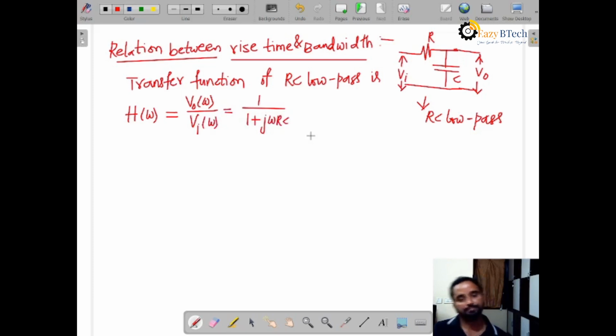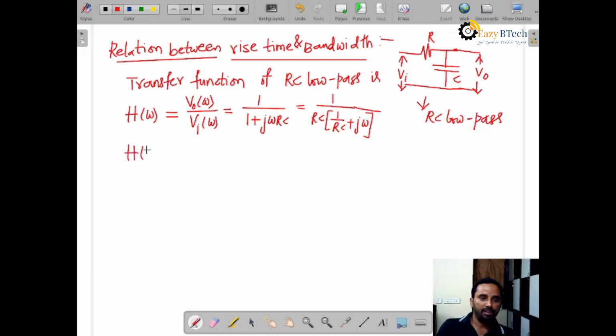This we have seen in the previous session, so I am writing it directly. Taking RC common in the denominator, we get 1 by RC times 1 by RC plus j omega, so RC goes to the numerator. So H of omega is equal to 1 by RC divided by 1 by RC plus j omega.